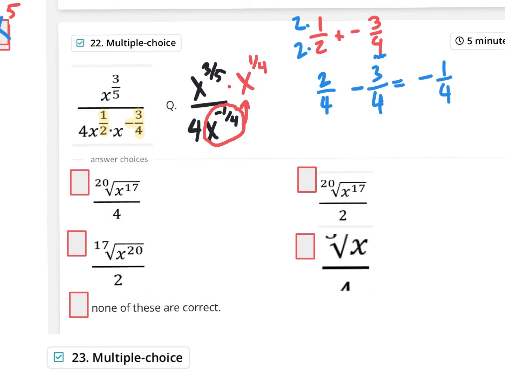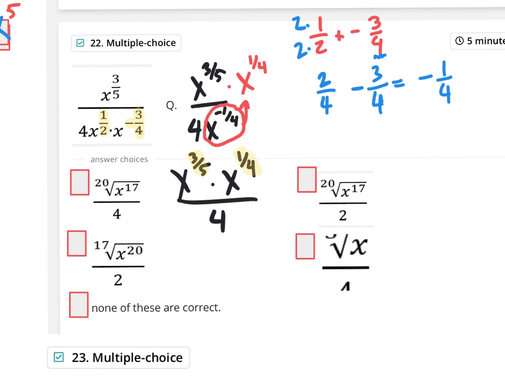So what do I have? Let me rewrite it so it'll stay nice and neat. We have x to the 3/5 times x to the 1/4 over 4. And of course, when we are multiplying two items with the same base, we really just add those exponents. So the problem becomes 3/5 plus 1/4.